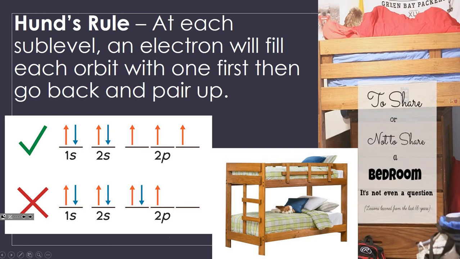If I have 3 rooms, I'm going to fill the first room with the first kid, the second room with the second kid, the third room with the third kid. But when I have that 4th kid, I have 3 rooms. Somebody's going to have to double up, right? Same energy level. I have to put one electron in each orbit first before I can go back and pair it up.